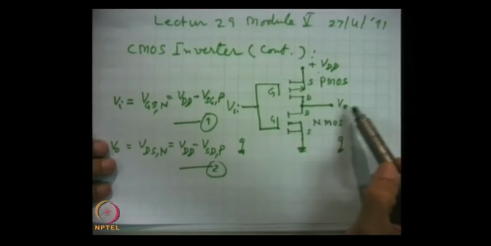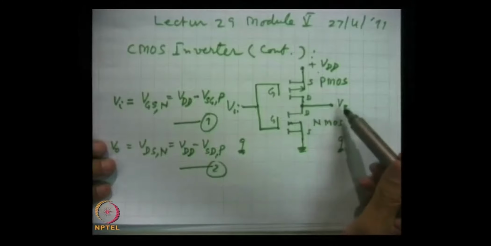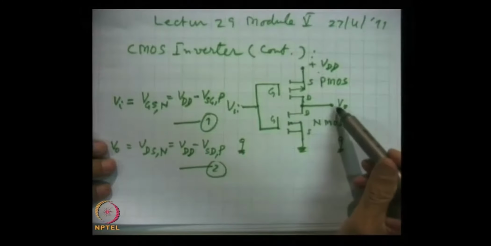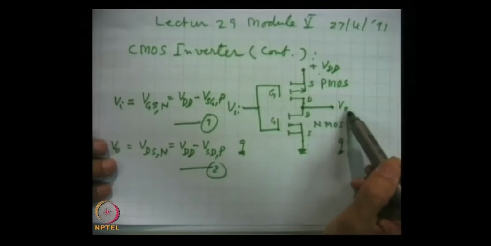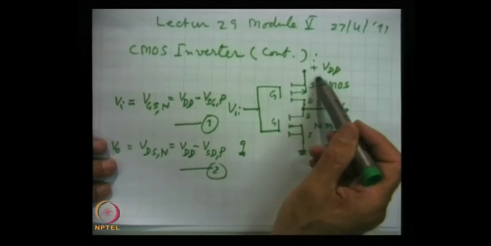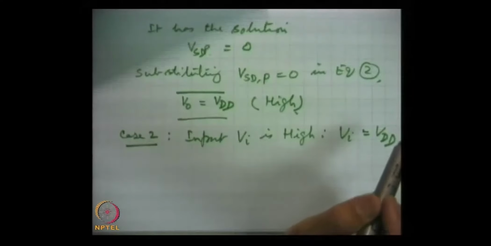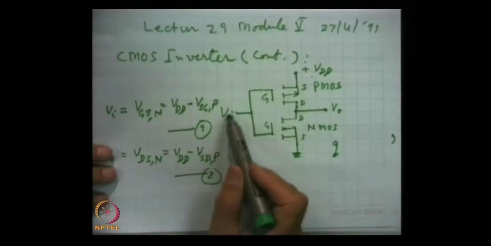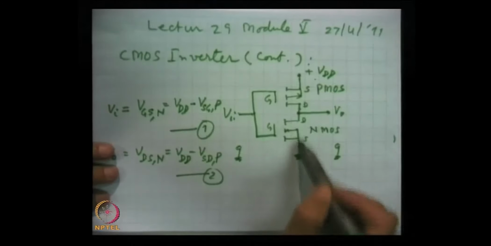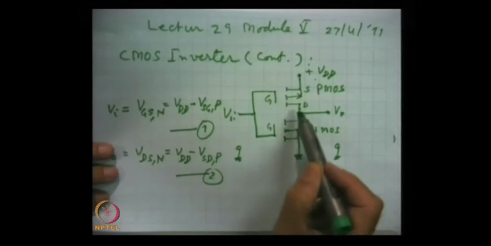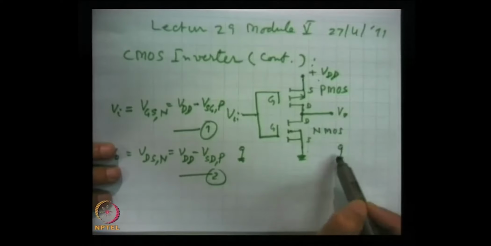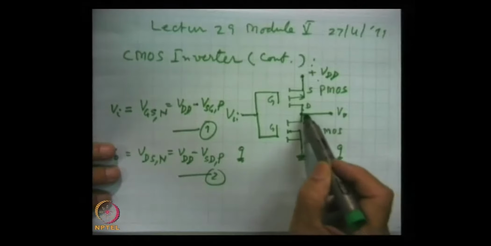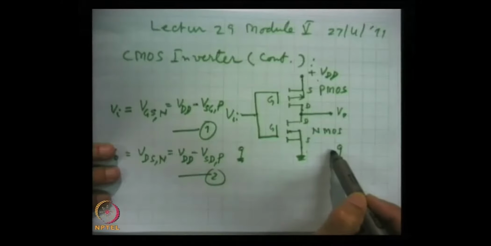So, what is the voltage which you expect at output, because this is conducting and this is off. So, obviously V0 has to be equal to VDD, and this is what we are getting. Similarly, in this case, when input is high, this will be conducting, with very low impedance. So, this output will be very close to 0, and this is what we are going to have.